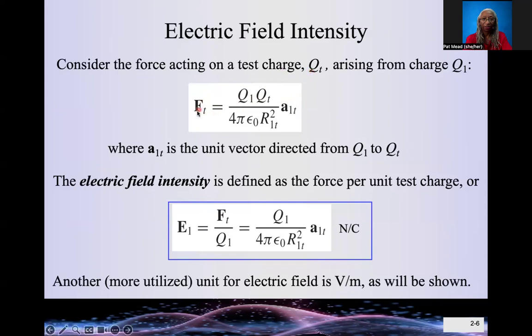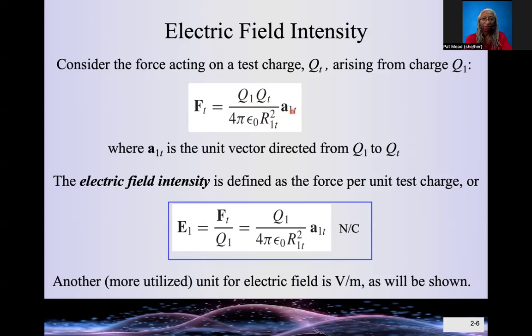So we're saying the force on the test charge is equal to the magnitude of the charge of the test charge, the coulombs, times Q1 over 4 pi epsilon naught R1t squared times the unit vector in that direction.